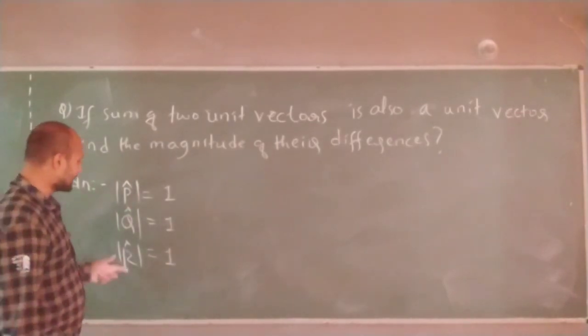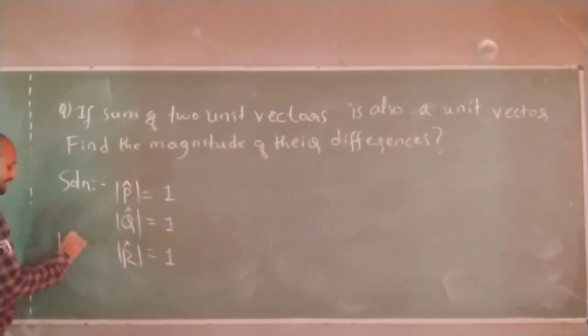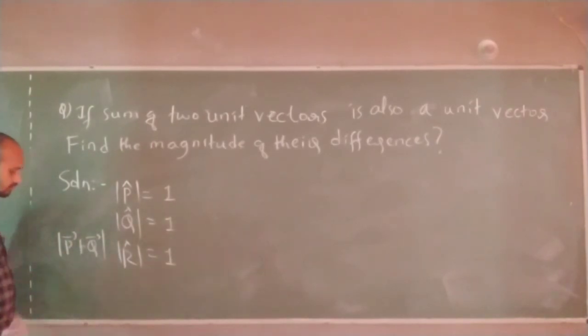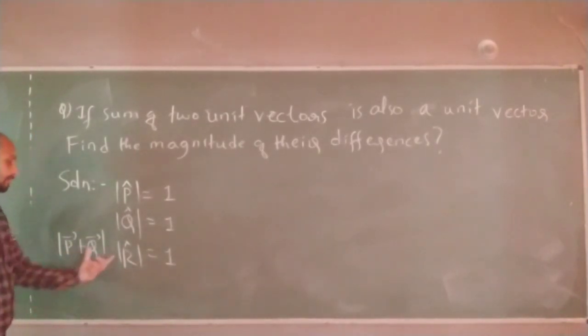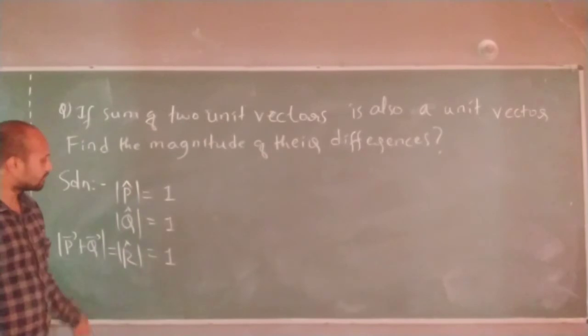The resultant means the magnitude of P plus Q. The magnitude of vector P plus Q is equal to 1.